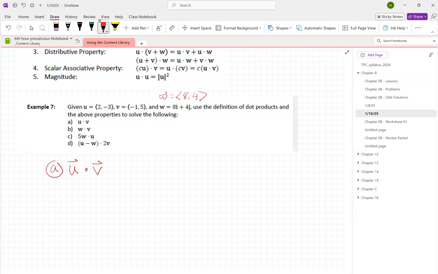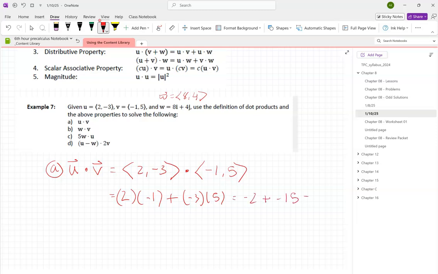So if I do u dot v, I'm going to start by just recopying the vectors here. And my formula for dot product is the product of the x components plus the product of the y components. So my result is the number -17.